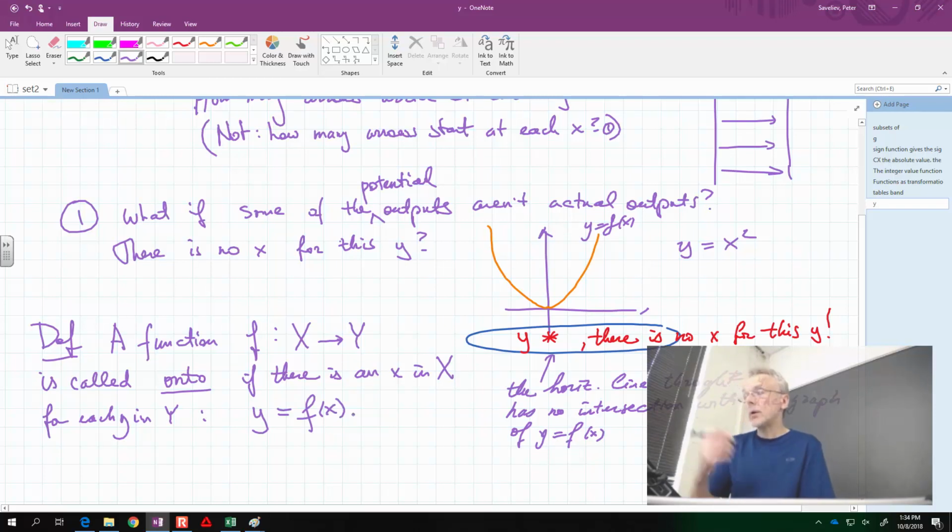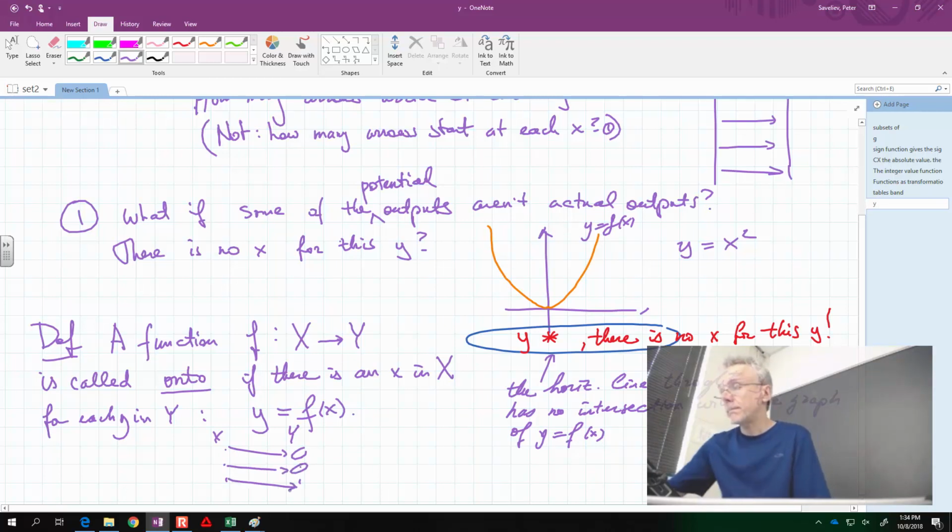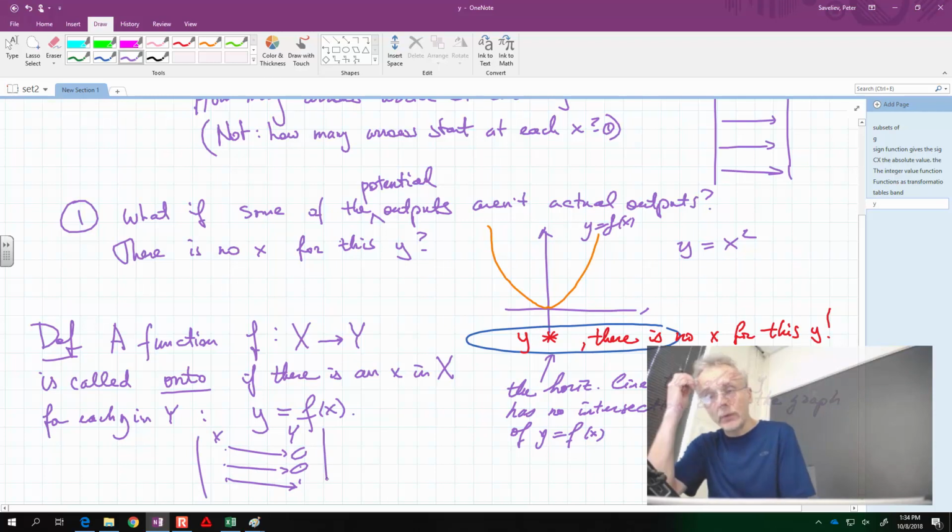In other words, we are taking arrows back. If I have x's here and y's there, then for every y I pick, I should be able to find an arrow that arrives at that destination. That's pretty much what we are talking about.